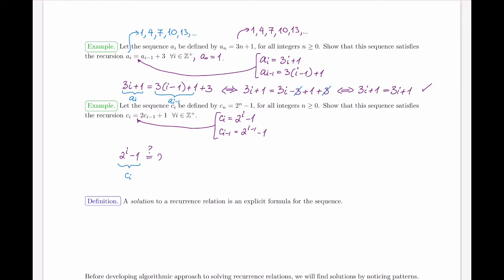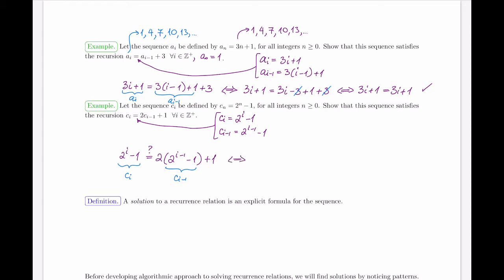So 2 times c_{i-1} is this term right here, 2^(i-1) minus 1. This is my c_{i-1}, plus 1 that came from right here. Okay? And so again, as before, all I'm trying to do now is simplify this equation and see whether or not the left-hand side is actually equal to the right-hand side.